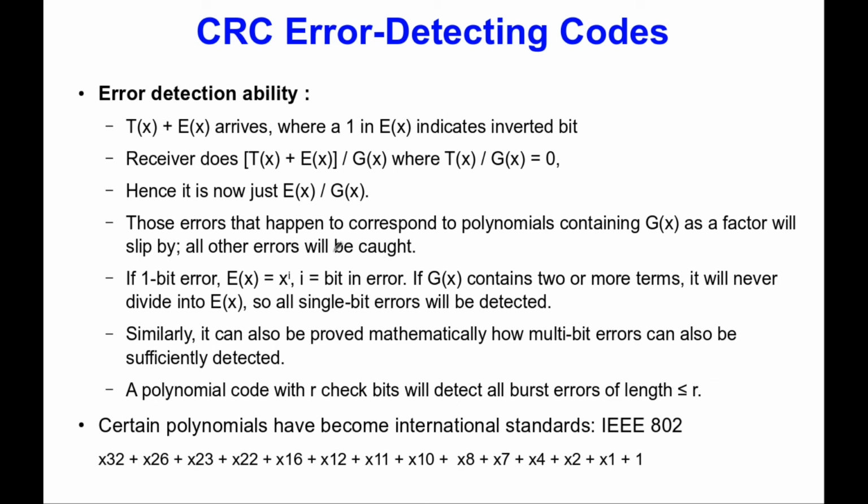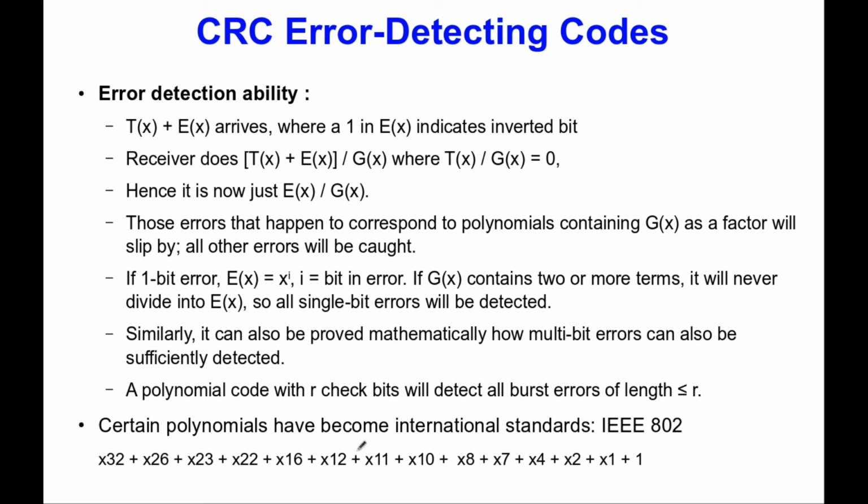So with those mathematical calculations, certain polynomials have become international standards. For example, in IEEE 802, a polynomial that you can see here, x raised to 32. This is not x32, it is x raised to 32 plus x raised to 26 plus x raised to 23 and so on up till the last term.